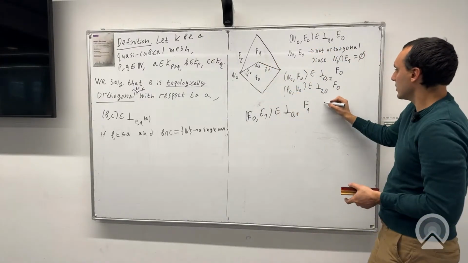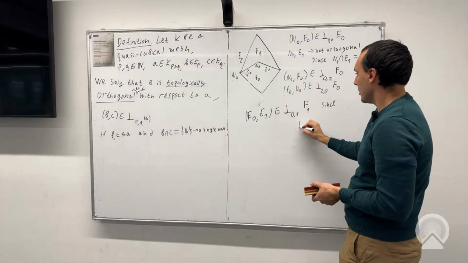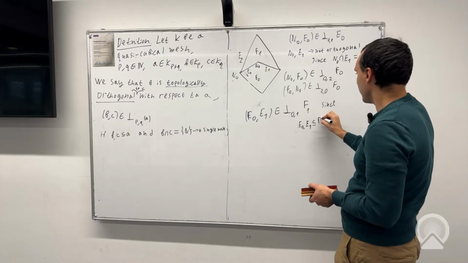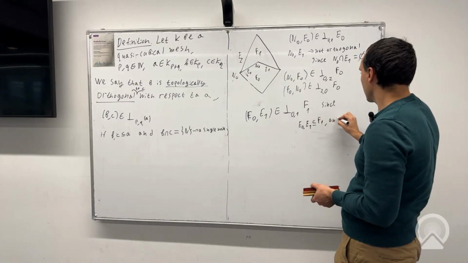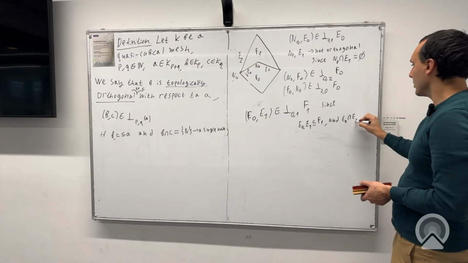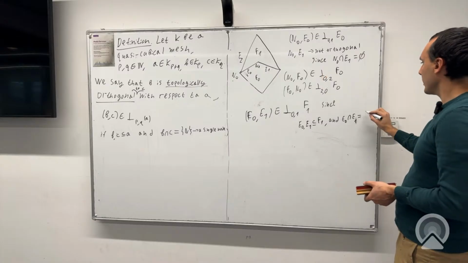Because since E0, E1 are subcells of F1 and E0 intersection with E1 is N1.